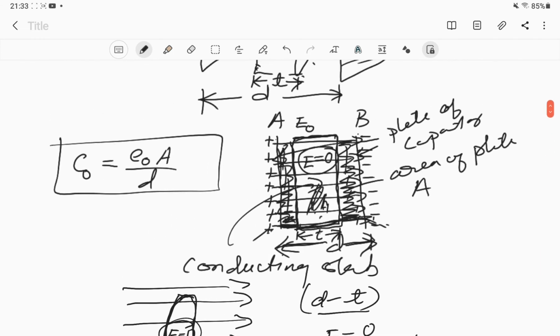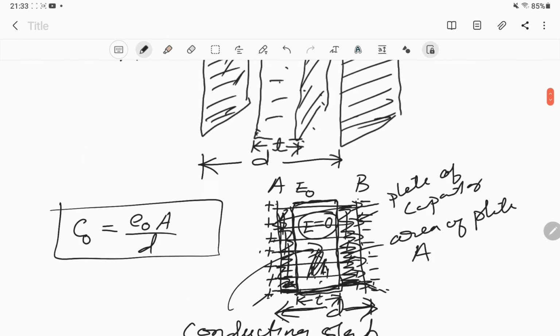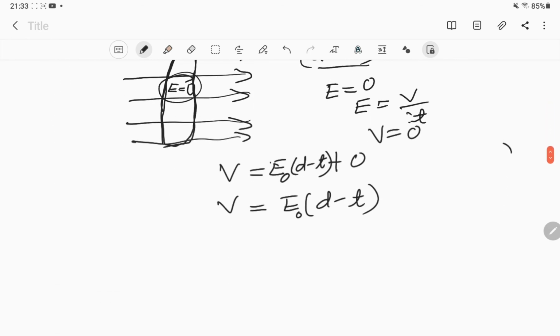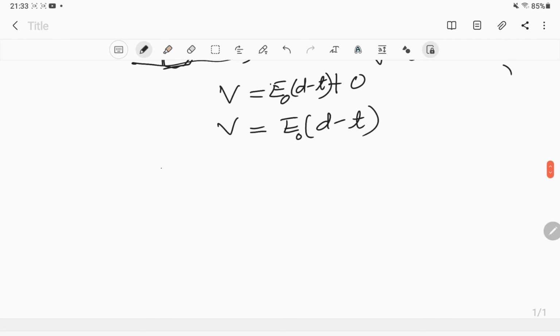Again, since these two are just like two infinite plane sheets of charge, the electric field between plate A and B will be, as we have already studied, E naught equal to sigma by epsilon naught.